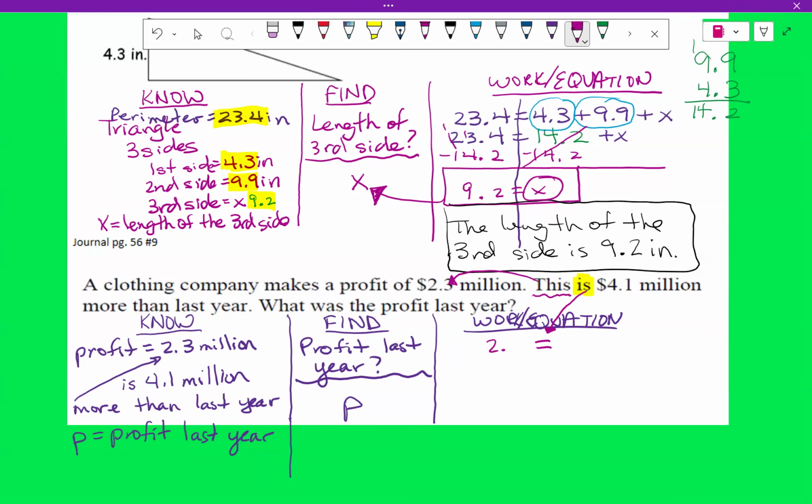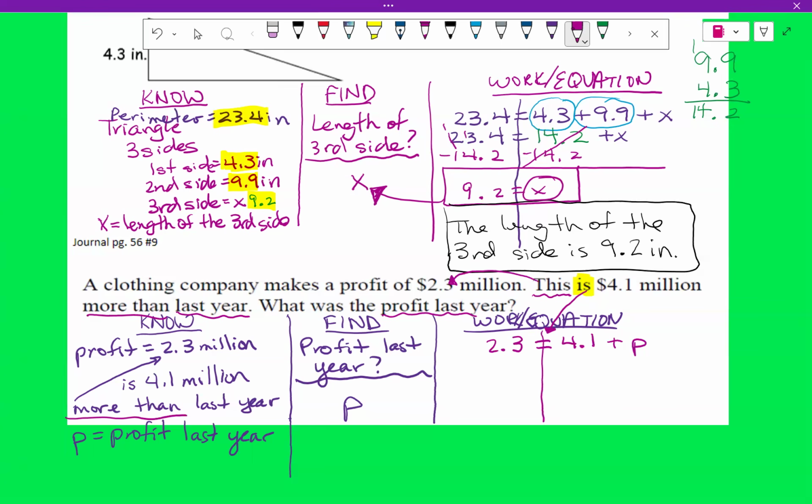So we have 2.3. This is 4.1 million. So 4.1 million more than, right? We wrote more than. What operation is that? Addition. Last year. Well, what are we using to represent last year's profit? Exactly, P. And so now we have our equation and we're ready to solve.